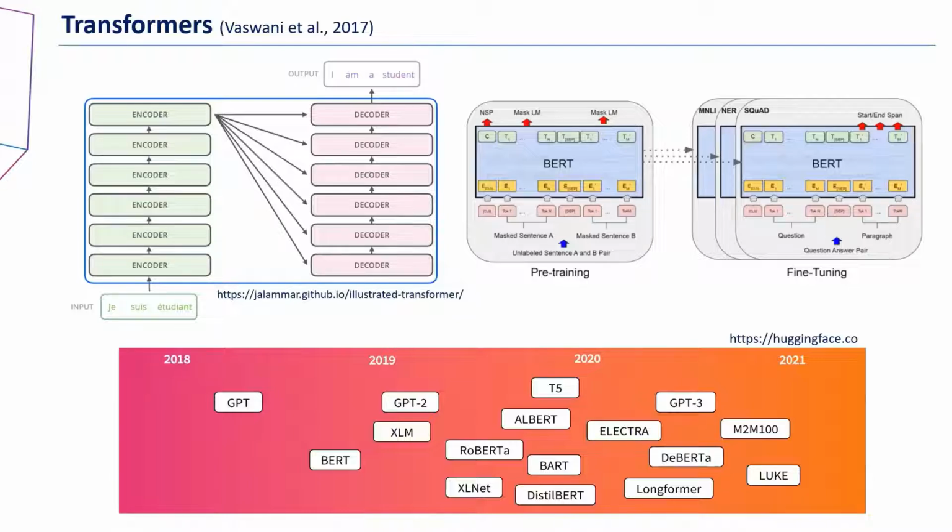There are many models after this paper was published in 2017. You can find them in Hugging Face, starting from GPT, BERT, GPT-2, and ending with LUKE in 2021. BERT is one of the most well-known transformer models.